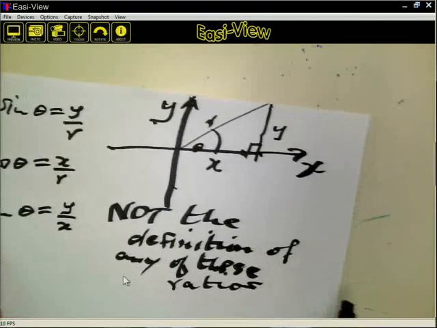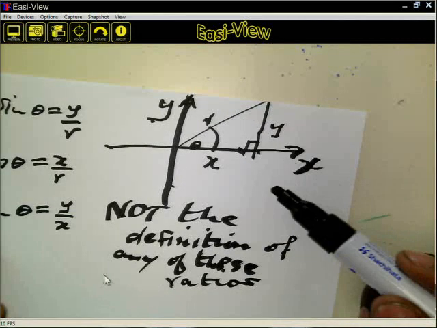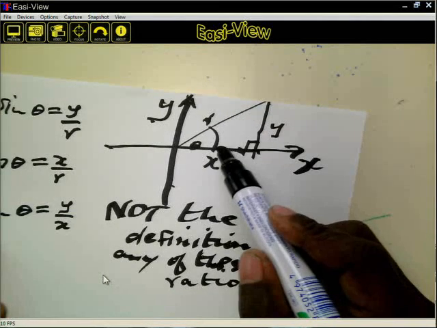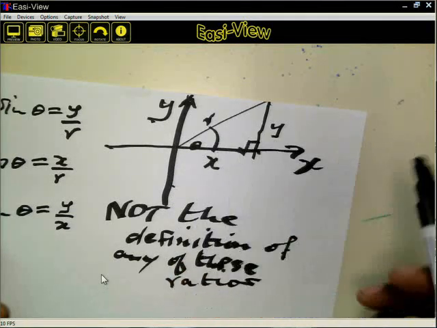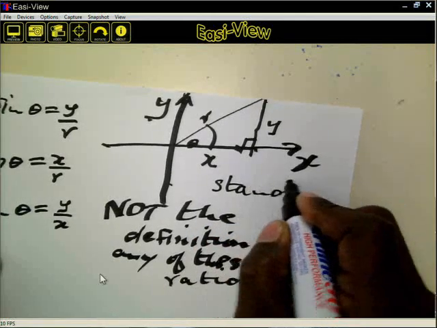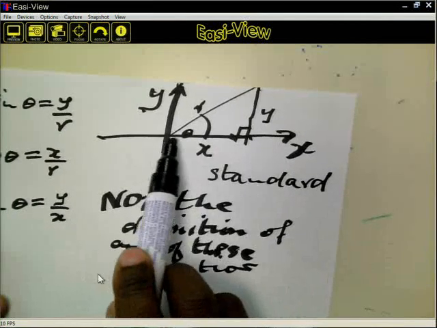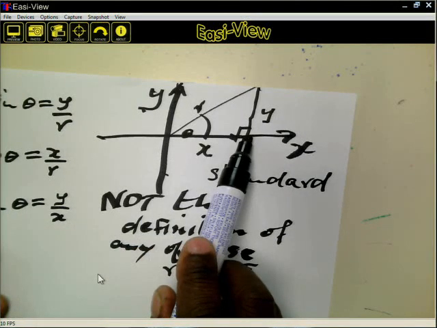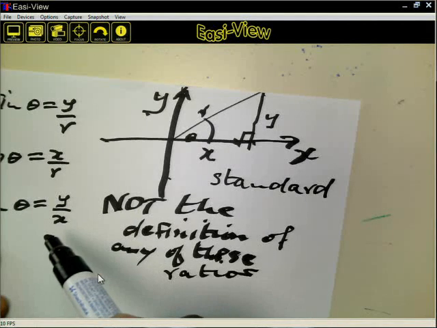Right, but we are not done. We must also have a circle of radius r. And we are still not done. The final thing, this angle here must be in what we call standard position. When is it in standard position? When the initial arm is here, and it is centered here at the origin of the Cartesian plane.